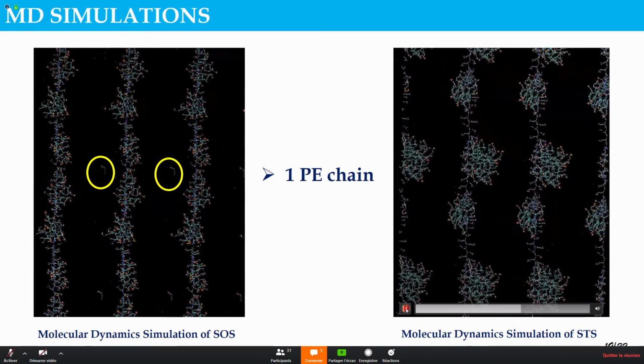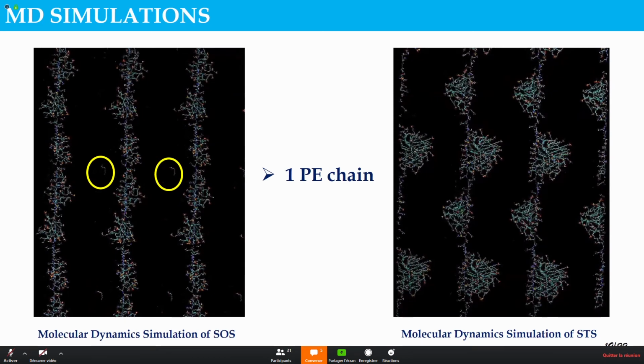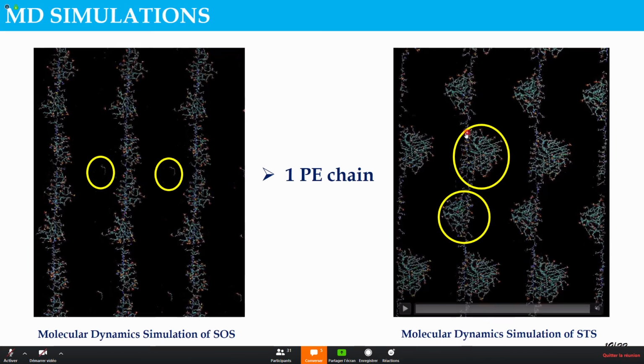We can see that also here the molecules are moving. But the first important thing is that we don't have free molecules. And the second thing is that now we have this aggregate that we don't have with the SOS. So we have a well-defined aggregate on the chain, while with SOS, as you can see here, we have a more homogeneous distribution.